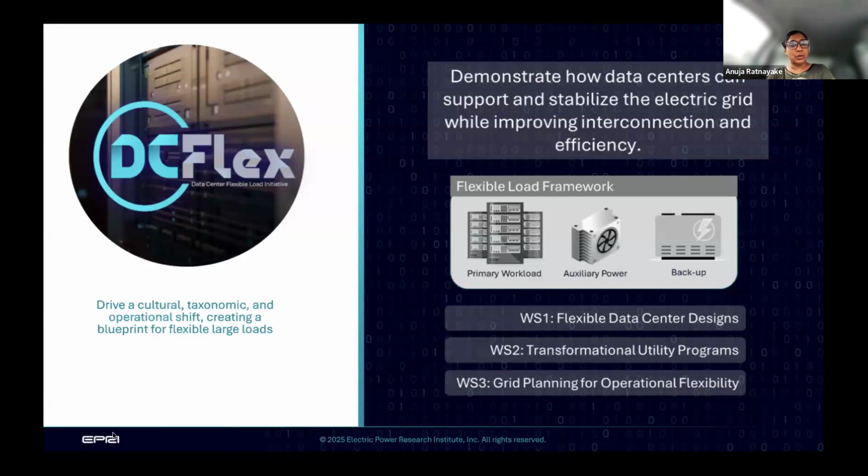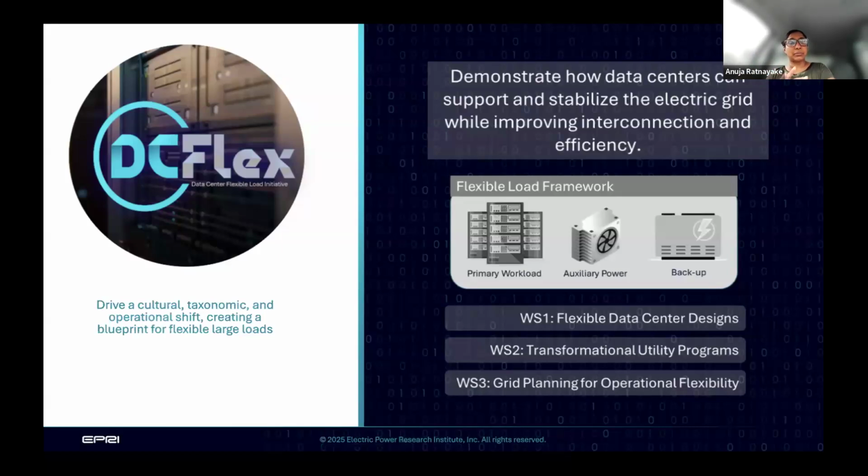The primary workload, which is the computational workload of a data center, has the potential to have flexibility. Figuring out the depth of that flexibility is one of the big elements within DC Flex. But beyond the primary workload, a data center also has a significant amount of auxiliary power needs.